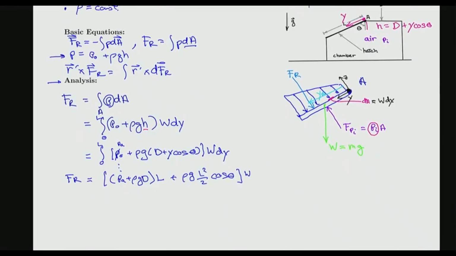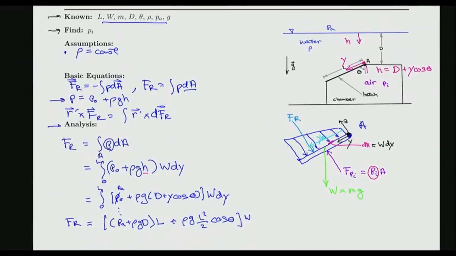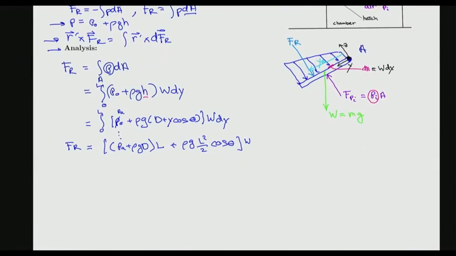Then this point of application so that we can evaluate the moment. Oops, we wrote that here. Here it is. That's just this. So in terms of y, y_f times F_R is equal to the integral of y dF. Okay? And then our dF, the magnitude is p dA.